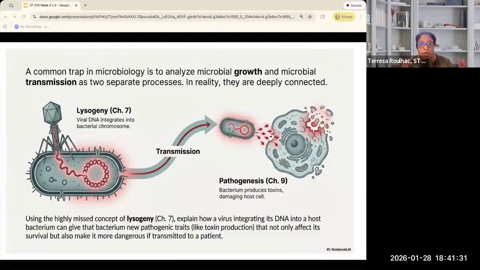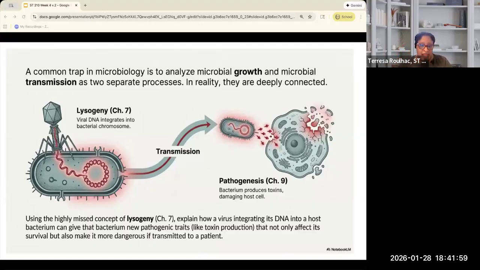On the left, we have a bacteriophage that integrates its DNA into a bacterium. In the middle, the bacterium continues to live and divide and do its thing. On the right side, the same bacterium is now causing more damage. This is like cause and effect, okay?